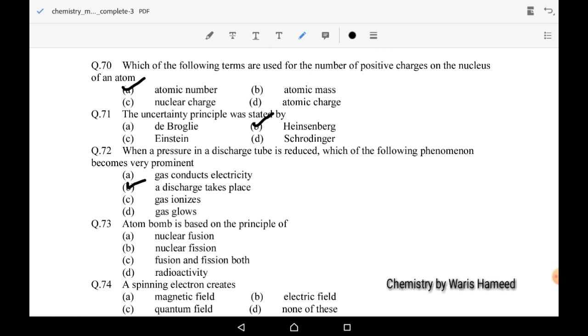Discharge becomes the prominent phenomenon. Atom bomb is based on the principle of nuclear fission reaction. Spinning electron creates magnetic field around itself.